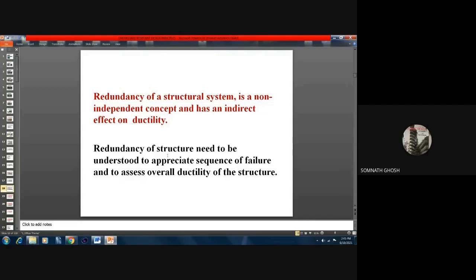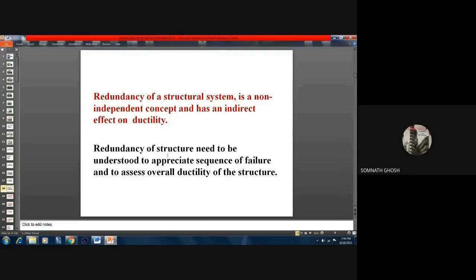There will be redistribution of forces. There will be redistribution of moments, which you normally observe in plastic analysis. If it is redundant, then you can easily imagine how it will happen. It's a very important aspect. It's sequential failure.